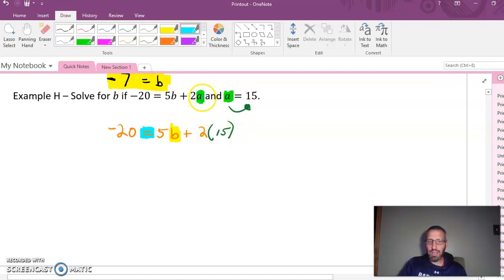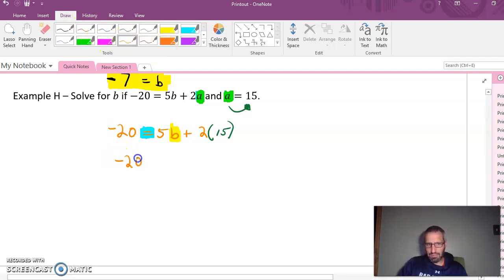We said it was 2 times a, 2 times 15. We didn't want to have just 2 and then write in 15. We didn't want 215 there. That wouldn't be correct because we want to represent the multiplication. So that's why I put the parentheses around it. So let's simplify that parentheses first before starting to think about our inverse operations.